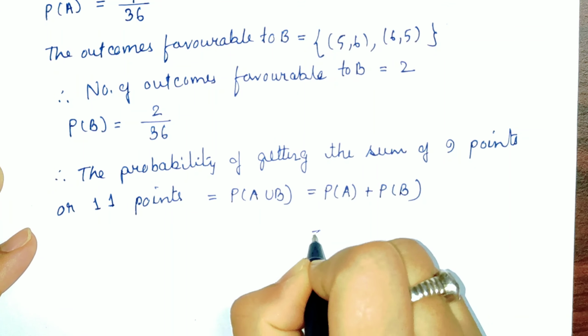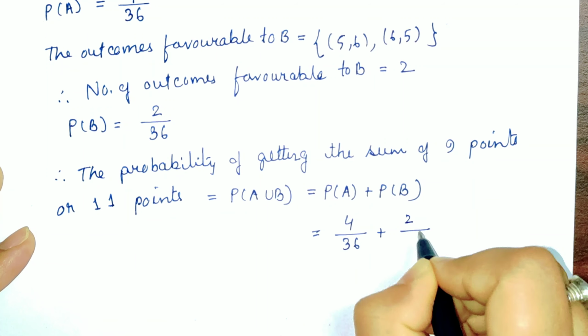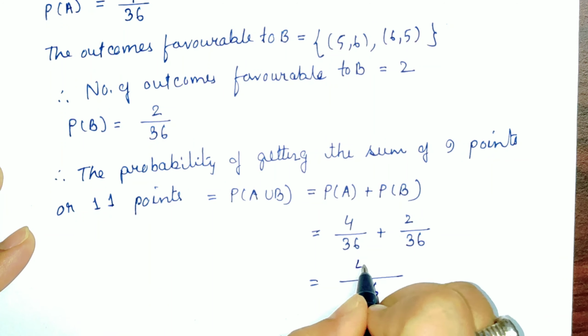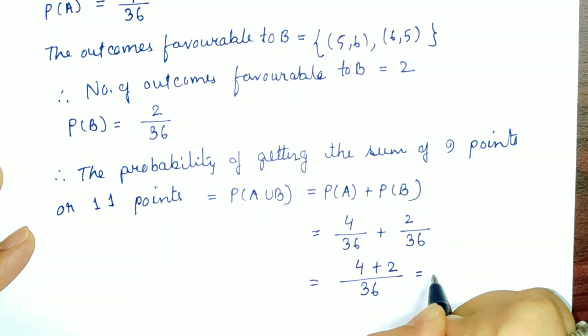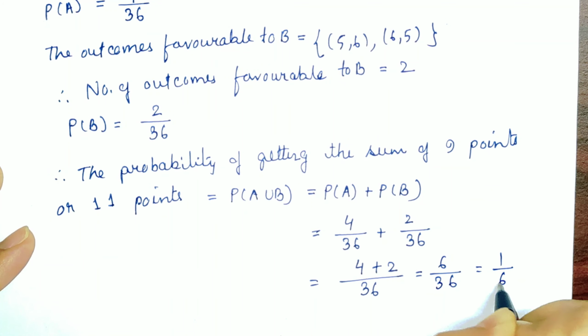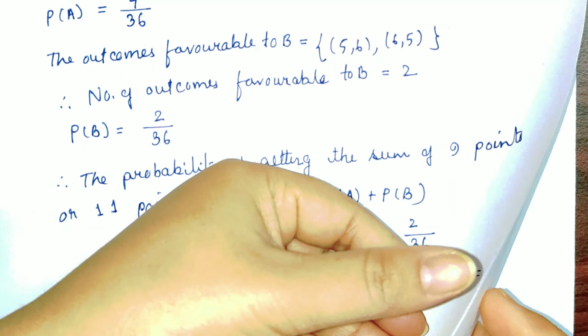Substitute the value of PA and PB. PA value is equal to 4 by 36. PB value is equal to 2 by 36. Take the LCM 36. It will give you 4 plus 2, which is equal to 6 by 36, that is 1 by 6. So here, since these are mutually exclusive events, we can write the formula PA union B is equal to PA plus PB. Now the next question.